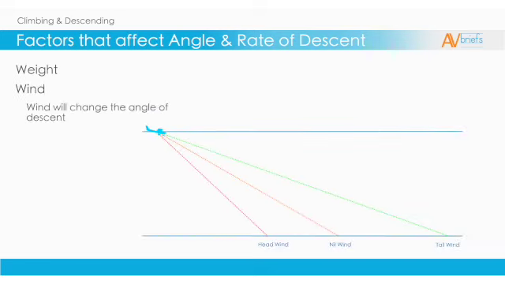The wind. Wind will change just the angle of the descent. A headwind, from in front of you, will push you backwards, making you travel less distance over the ground. A tailwind, from behind you, will help you travel further over the ground.